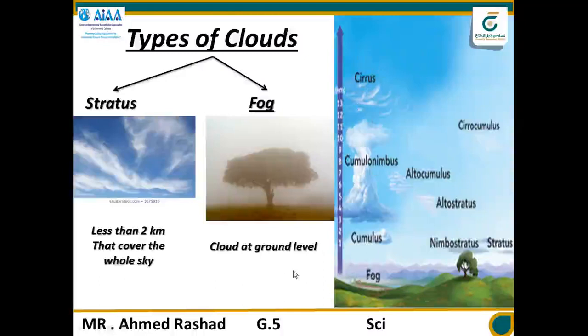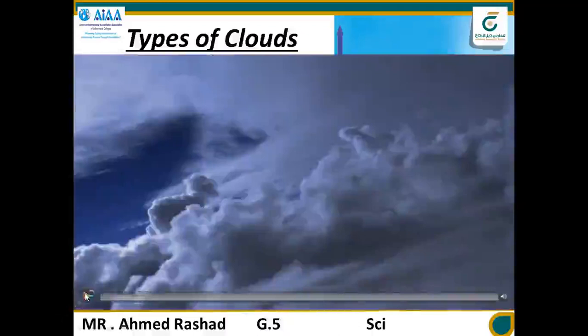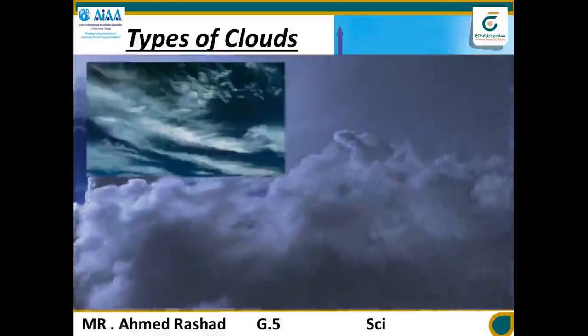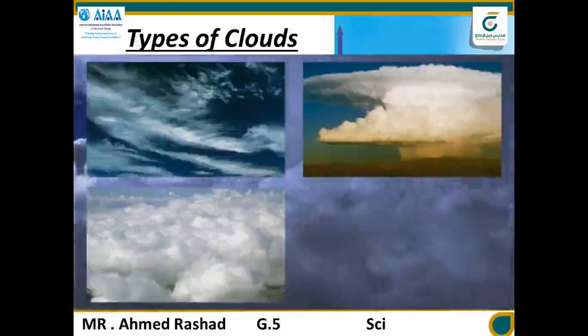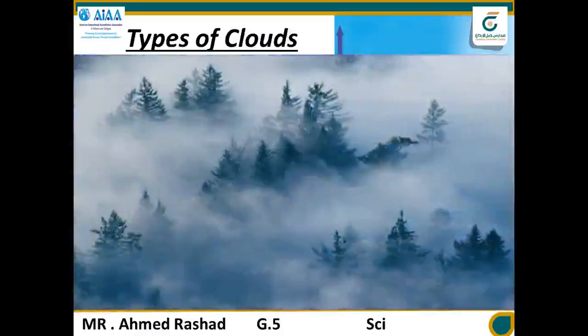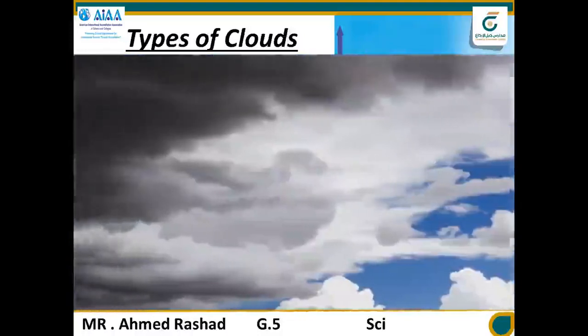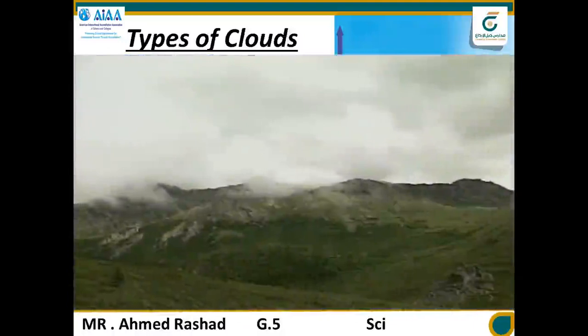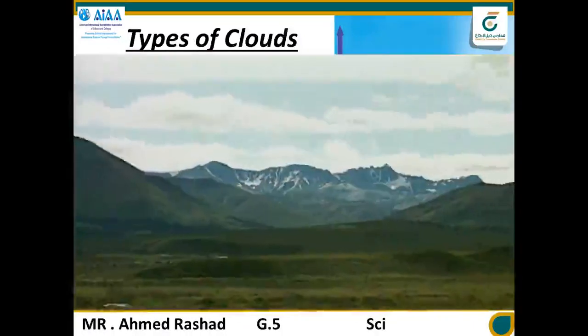We can watch this video that makes a summary. Five common types of clouds are cirrus, cumulonimbus, altocumulus, stratus, and fog. Different clouds form based on the type of weather present, their heights in the atmosphere, and air temperature.